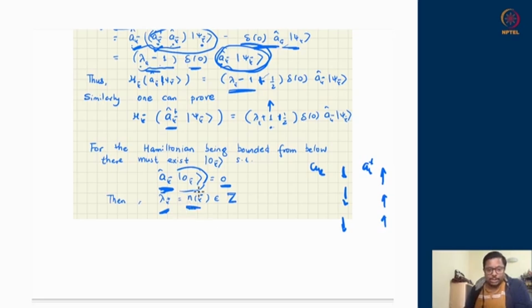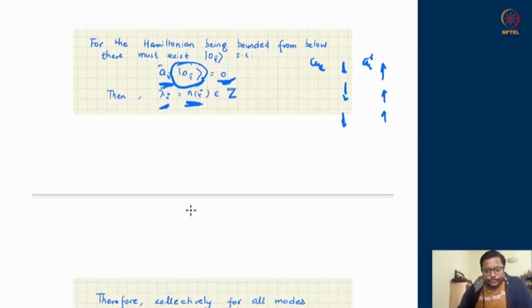If they were not integers, let us say 1.5 or something, I will never hit this 0 even after operating 10 times or 20 times. So two things are realized. There is an eigenstate with 0 eigenvalue, and that fixes that all other eigenstates of the Hamiltonian or number operator would have integer n's. Okay, so this is exactly like the harmonic oscillator philosophy which we had obtained.